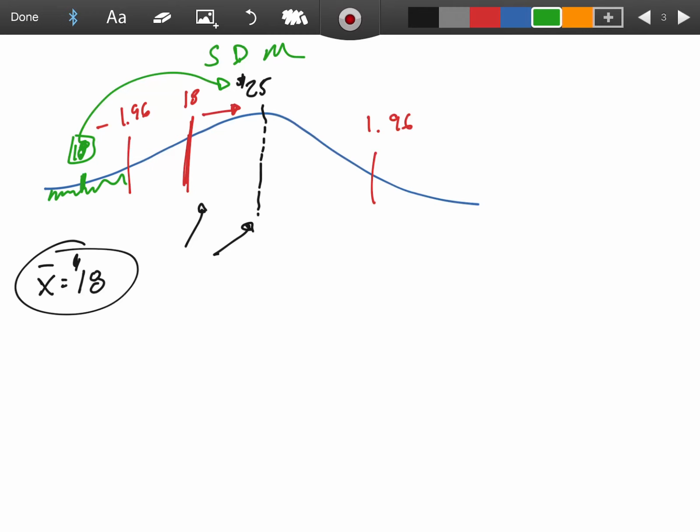So that's the space that we're living in right now. Again, my critical value is 1.96. It shows where my region of rejection is. That's right here, and all of this right here.